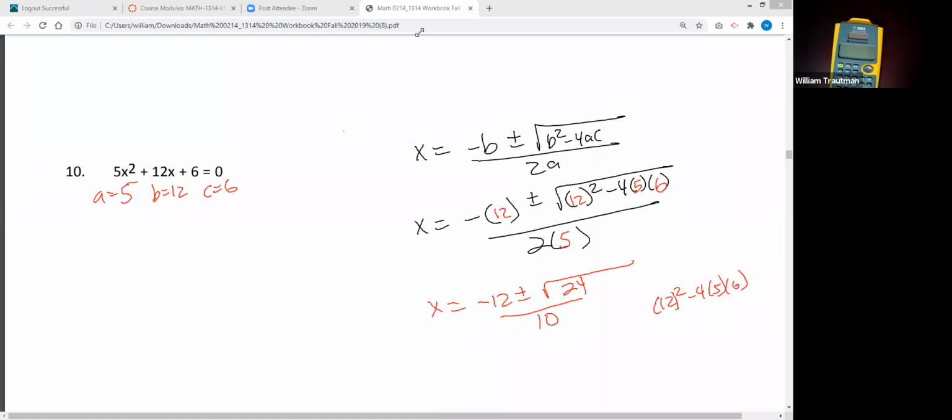I think you can stretch my calculator a little bit bigger so I don't have to waste my screen. It's 12 squared, parentheses, 12 squared, minus 4 times 5 times 6, and I get 24.